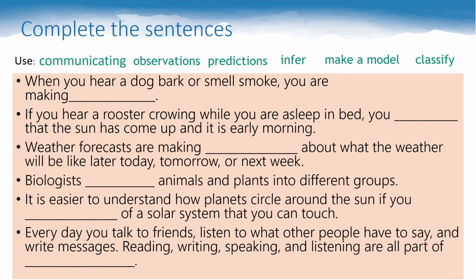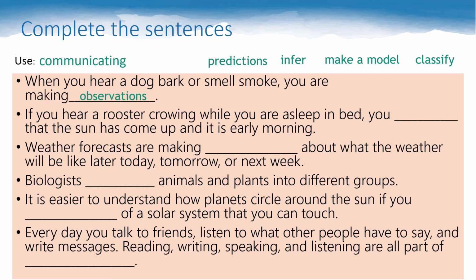Our next task is to use the words communicating, observations, predictions, infer, make a model, and classify in sentences. So let's read the first one together. When you hear a dog bark or smell smoke, you are making what? Yes, observations.